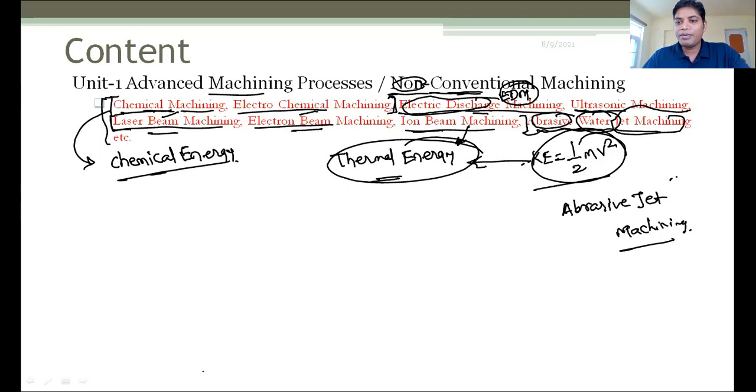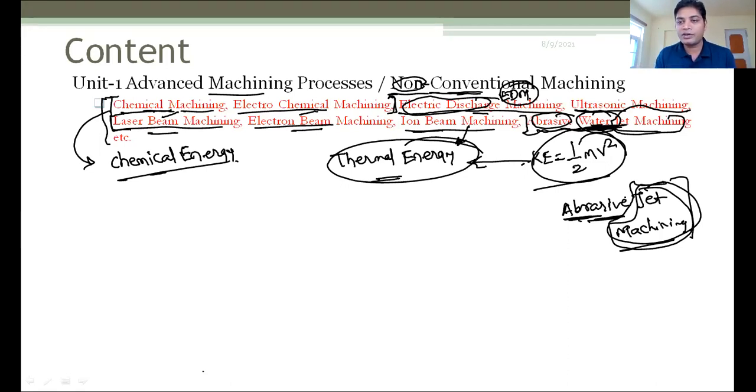In abrasive jet machining we use only the abrasive particles, but we have to create a jet. Jet means very high velocity. So how will we create this very high velocity? Either we can use water, as in abrasive water jet machining. But if we have to flow the abrasive with a very high velocity, what other fluid can we use?